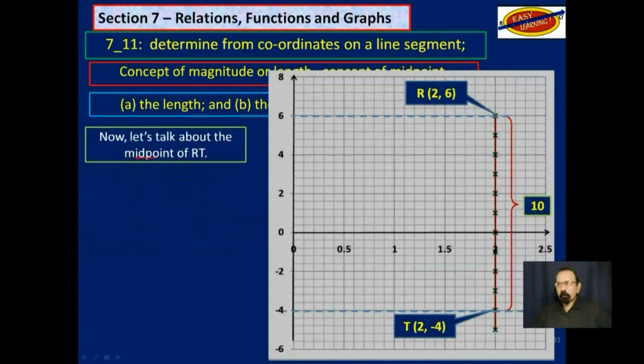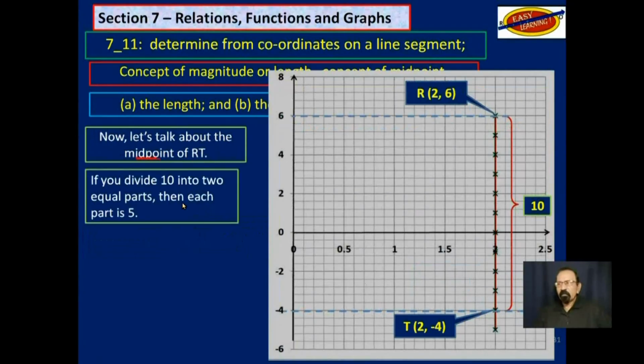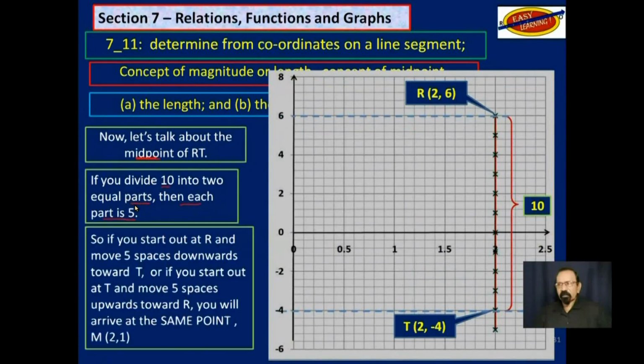Now, if we deal with the midpoint, where is the midpoint between R and T? If you divide 10 into 2 equal parts, then each part is 5.